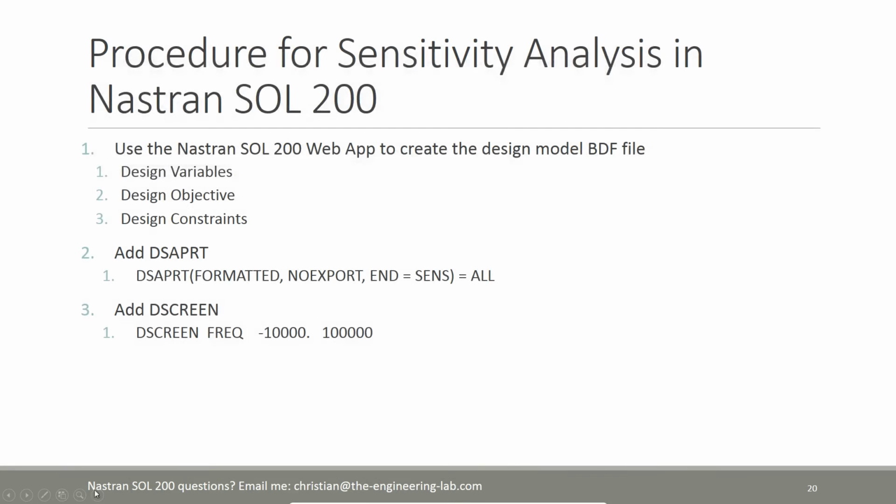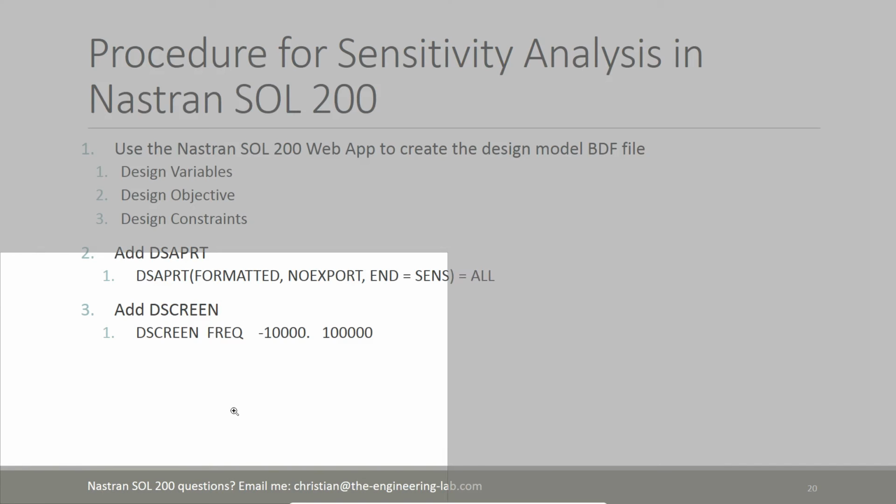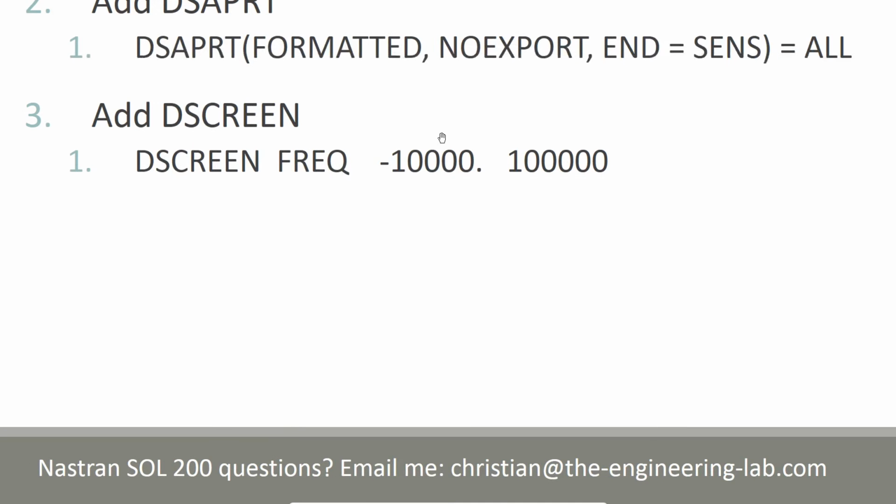When you perform your optimization and you have dozens of constraints, say for example you're dealing with a stress constraint and you have hundreds, thousands of elements, that could potentially be millions of constraints that are going to be tracked by Nastran. One efficient method Nastran has of handling all of the constraints is by screening the constraints.